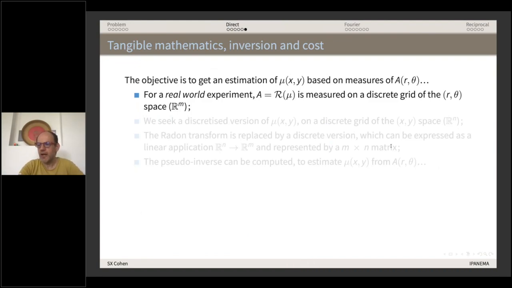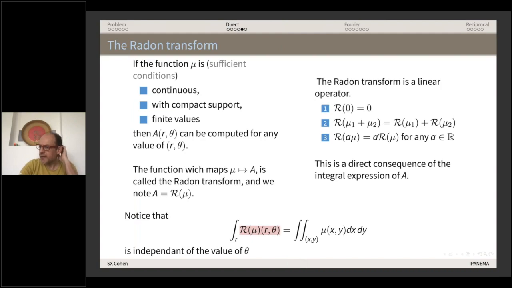Now what we say is that instead of measuring mu directly, I'm measuring the Radon transform of mu. The question I had at the very beginning was, am I able from this measurement to come back to this value?